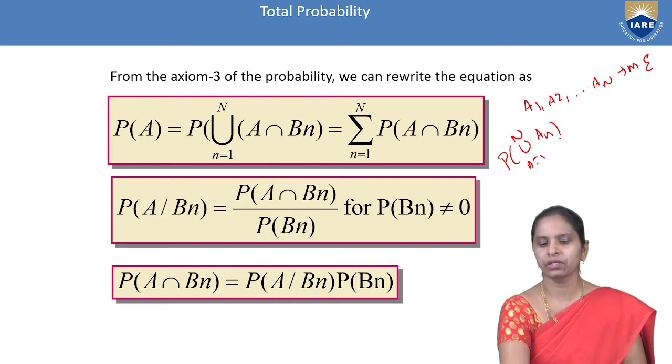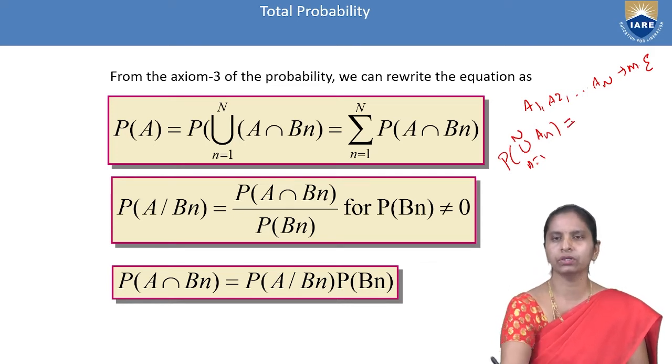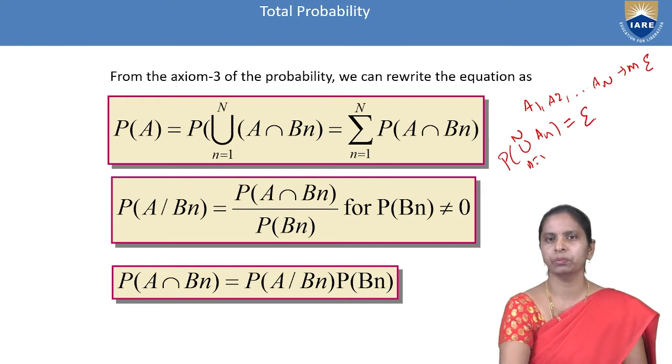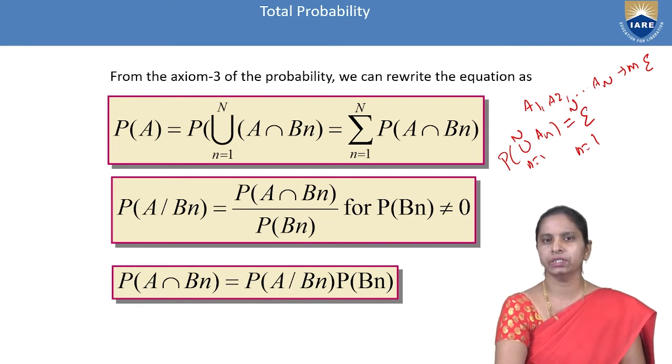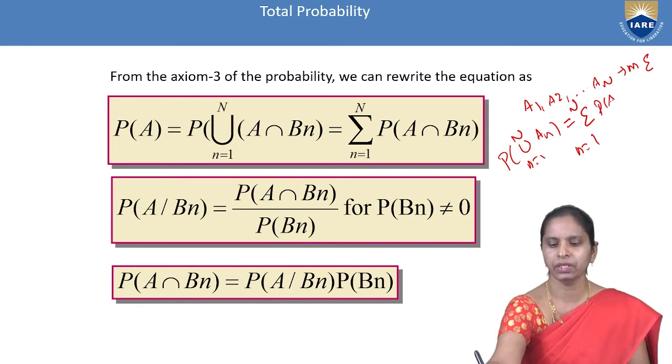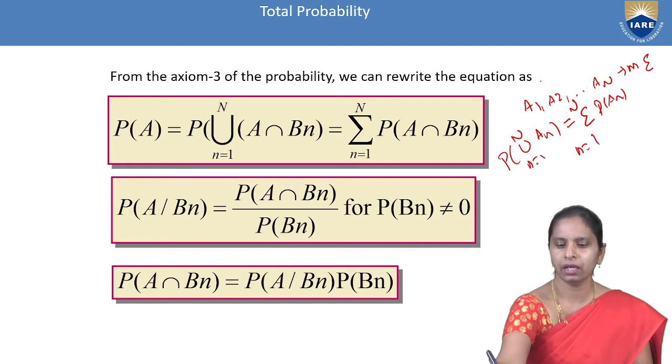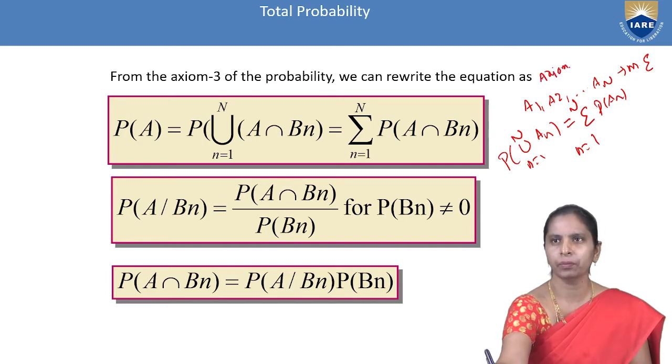Here, U represents the union. The probability of union of n mutually exclusive events is equal to the sum of the probabilities of, sum is nothing but I have to write sigma. So, sum of the probabilities of the individual events. It is nothing but P of An. So, this is the third axiom of the probability.